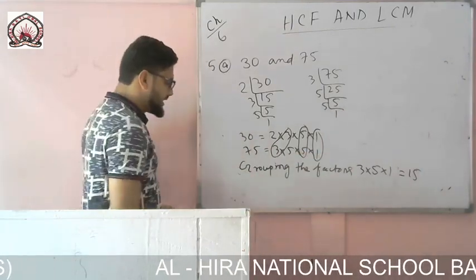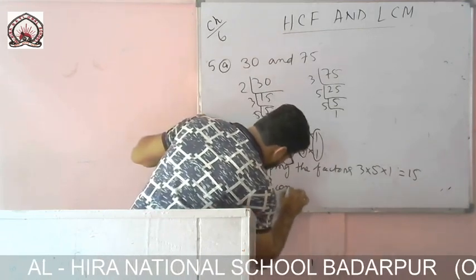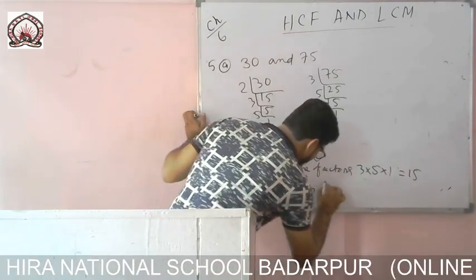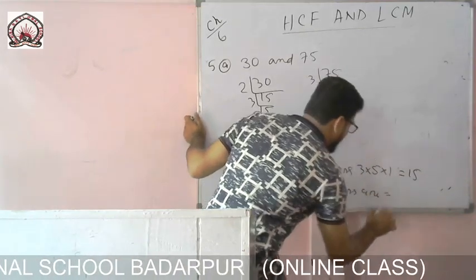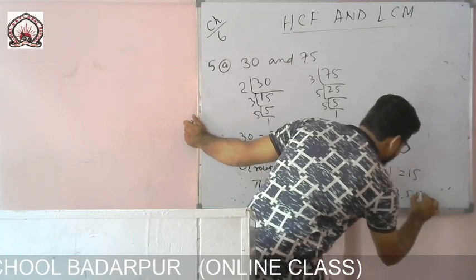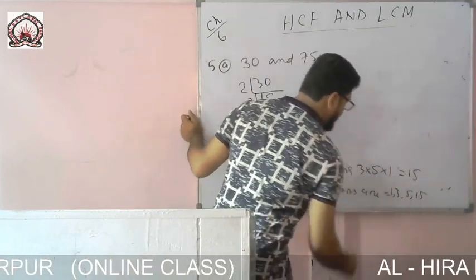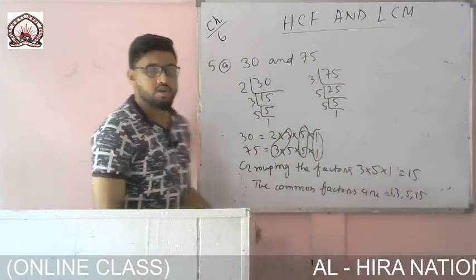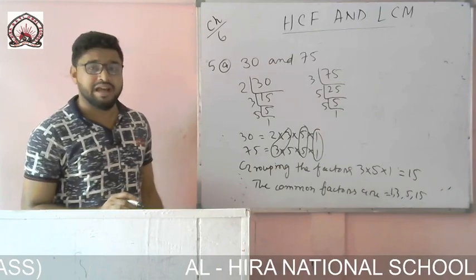Therefore, the common factors are 3, 5, 15, and you write 1 also: 1, 3, 5, 15. Among these, which one is greater? 15.